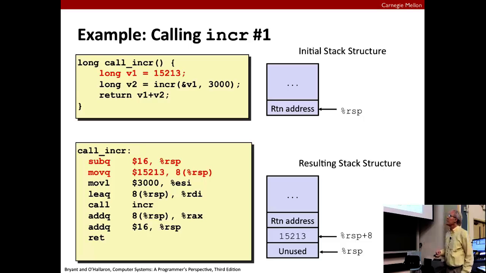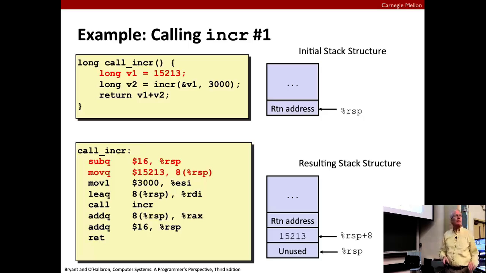So now there's a function called callinker. And it's going to create a value called v1 and have to generate a pointer to that. So what that means is v1 can't just stay in a register because you can't create an address of a register. It has to be stored in memory somewhere so that you can create a pointer, an address of it.